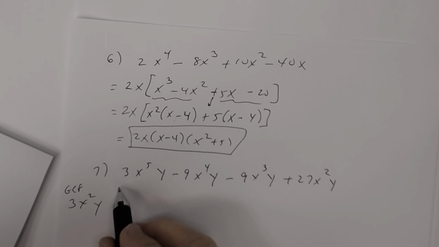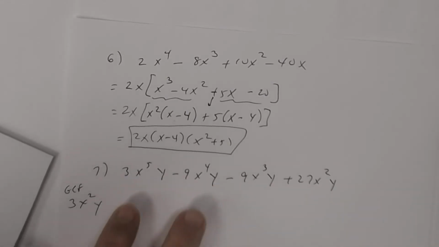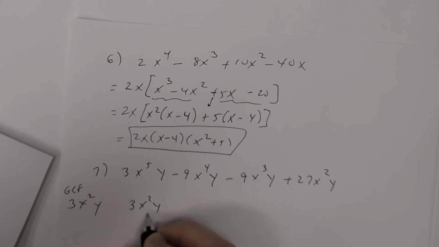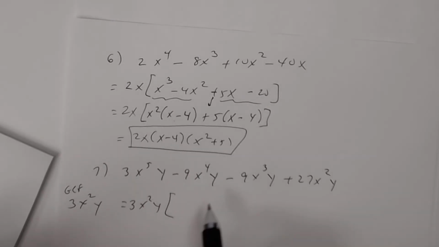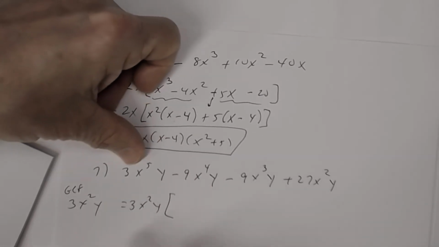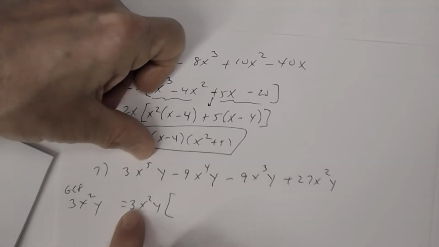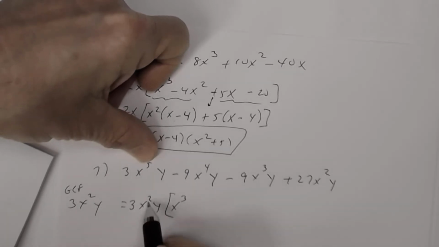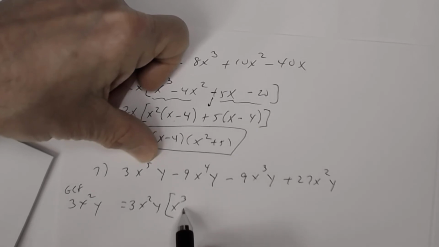All right, so what you can do now is factor out the 3x squared y from every term. So 3x squared y times, all right. I already factored out the 3, right? I have 5 factors of x. I factored out 2 of them, so I need 3 of them, because x squared times x cubed is x to the 5th. And then I factored out the y, so I don't need any y's.